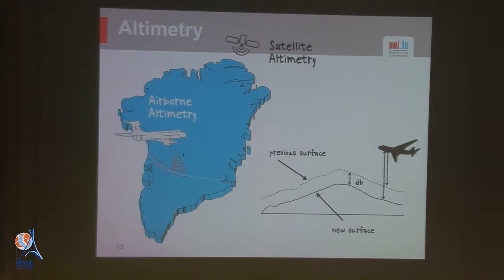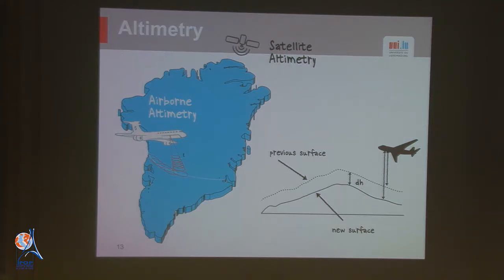And then the airplane comes back 10 years later, X number of years later, flies again, and we get a new surface. And then we take that delta T here, and then we divide it by the change in the surface height, and then we'll get a change in rates of mass loss. Maybe.